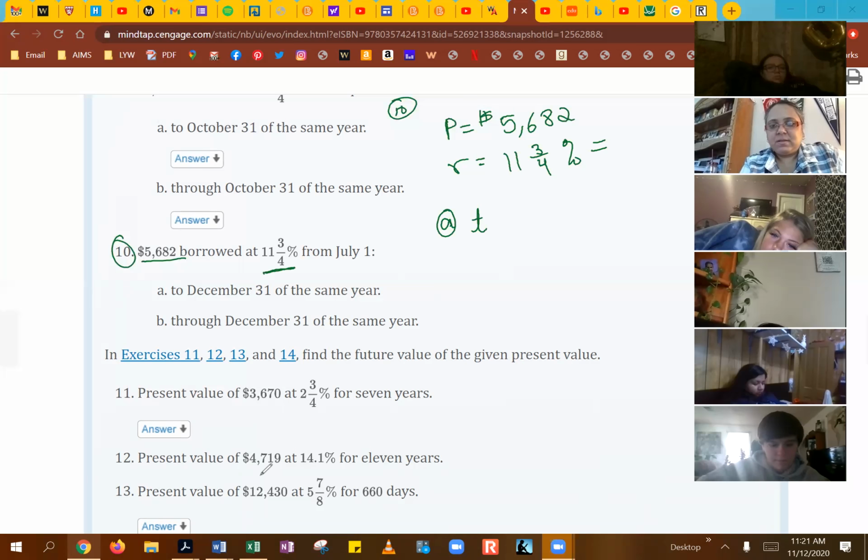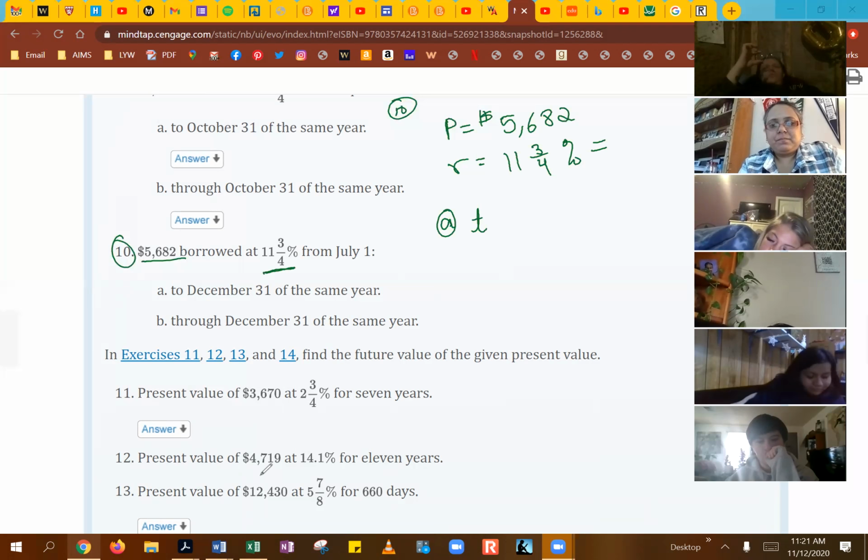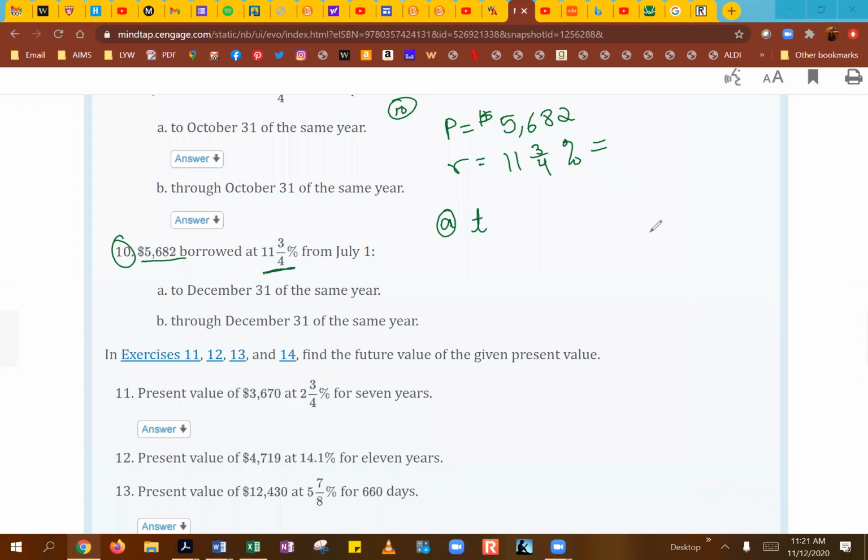11.75%. Markley already has it. So 11.75 is, of course, 11.75%.